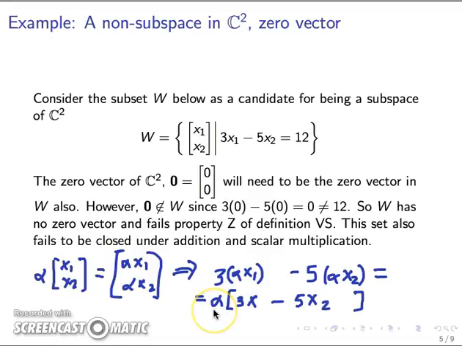You could easily factor out alpha, and then the expression would start looking like this. And since we assume that x1 and x2 is a member of W, we know that this expression here is going to be equal to 12. So let's write one more line. So this would be alpha times 12.